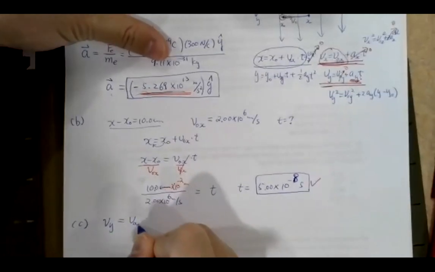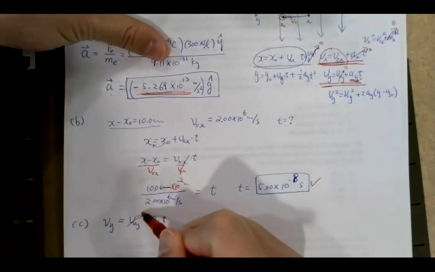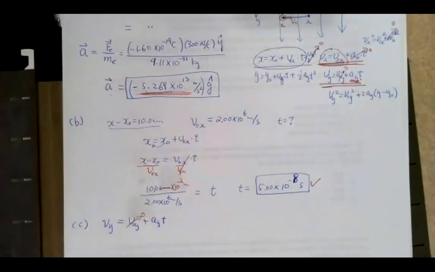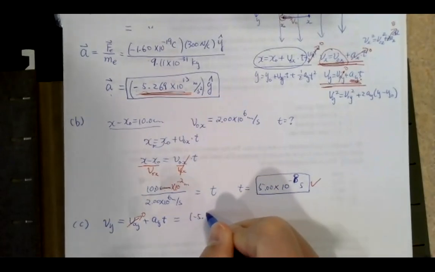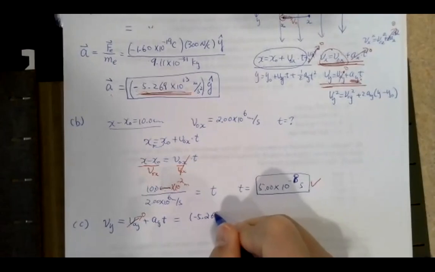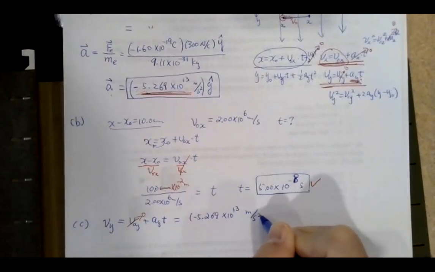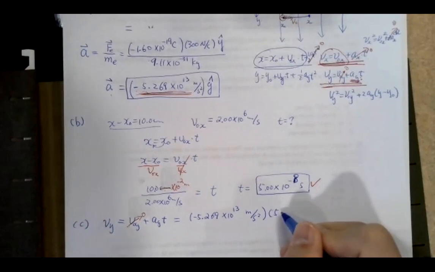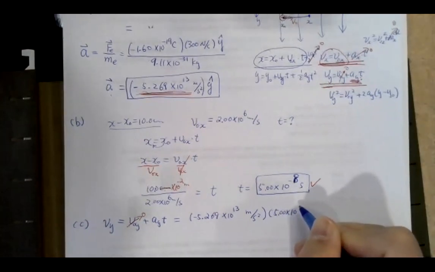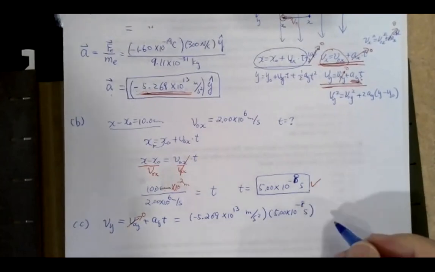Vy is equal to V0y plus ayt. Okay. Initial, that's 0 for the velocity, plus ayt. So that equals minus 5.269 times 10 to the 13, what we got from part A, meters per second squared, times the t we got from here, 5.00 times 10 to the minus 8 seconds, right?